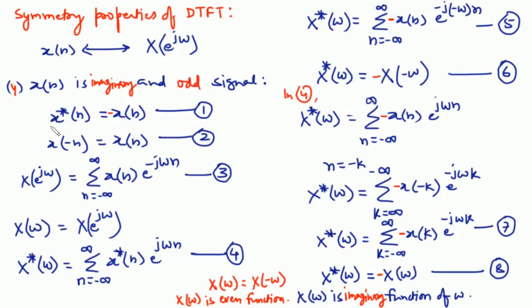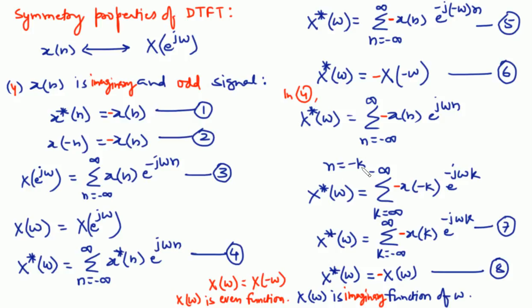If x[n] is imaginary, then the complex conjugate of x[n] is minus of x[n], and x[n] is odd, so x of minus n is minus x[n]. So up to expression 6 there is no change. Complex conjugate of X omega is minus of X of minus omega, because x[n] is imaginary. Now in expression 4, the complex conjugate of x[n] is replaced by minus of x[n].